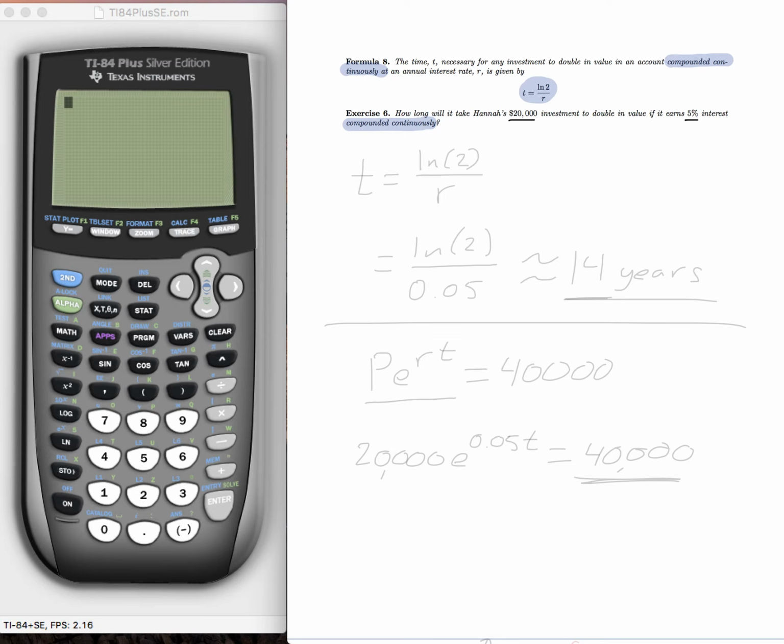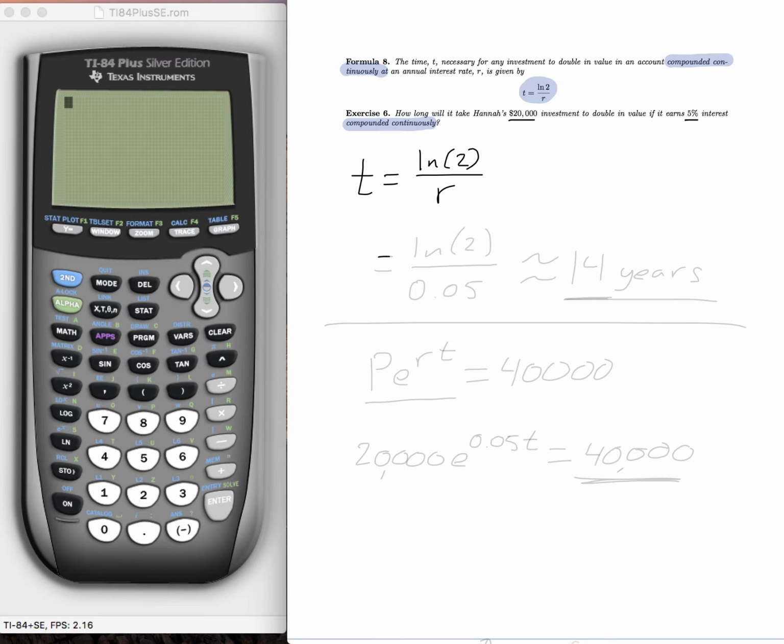Okay, so we want her investment to double. What do we need? Well, we're interested in the time, t. We know that's equal to the natural log of 2 divided by the interest rate. So we don't actually care about the $20,000 she's investing. If she were investing $20,000, it would double in the same time that a $50,000 investment would double.